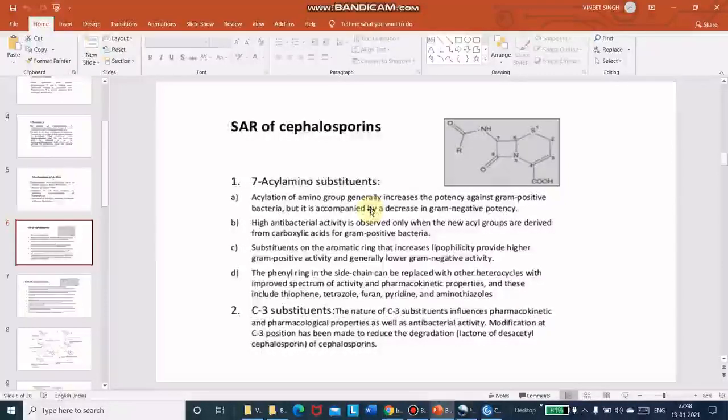Okay, so acylation of amino group क्या होता है जनरली? इंक्रीज पोटेंसी, बढ़ जाती है ग्राम पॉजिटिव के जितने ग्राम पॉजिटिव बैक्टीरिया के अगेंस्ट. दूसरा होता है कि हाई एंटीबैक्टीरियल एक्टिविटी is observed only when the new acyl group is derived from carboxylic acid or gram-positive bacteria.